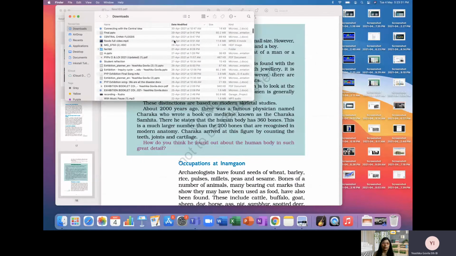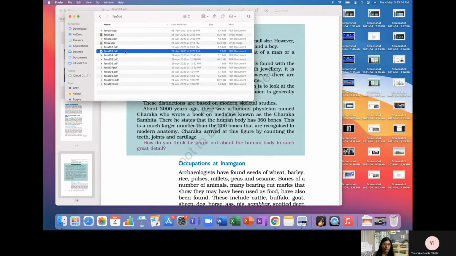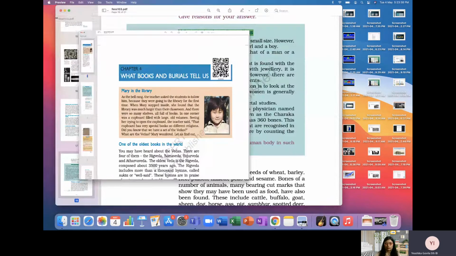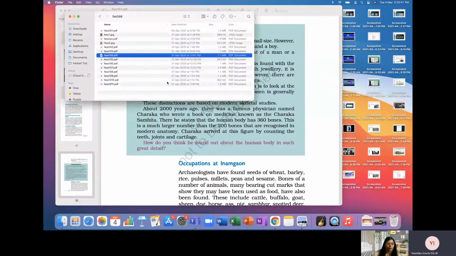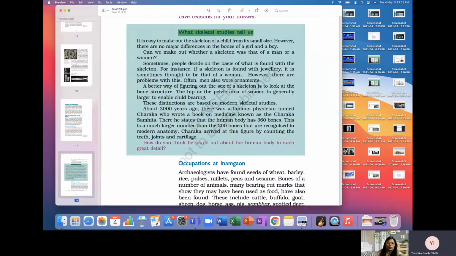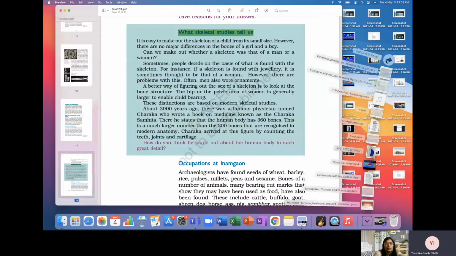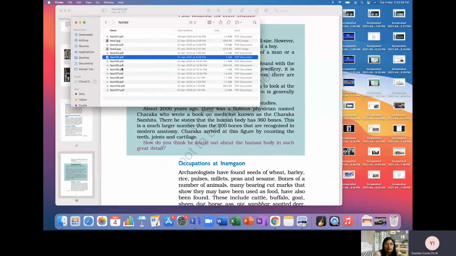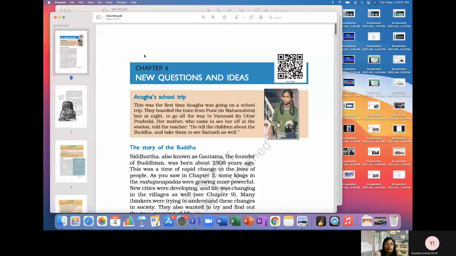And do check the pages also. How many pages are there? In chapter 4 there are only 11. Chapter 5, again 11 pages, kingdoms, kings and an early republic. New questions and ideas, 10 pages.